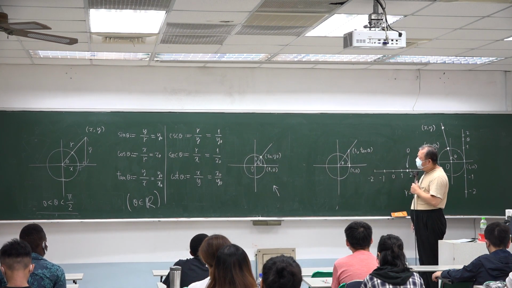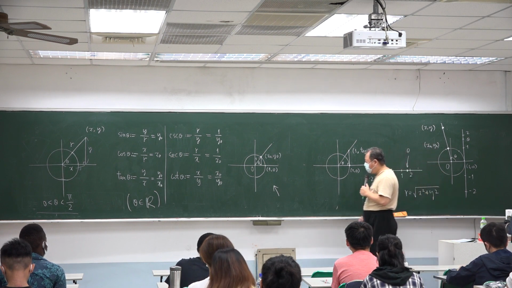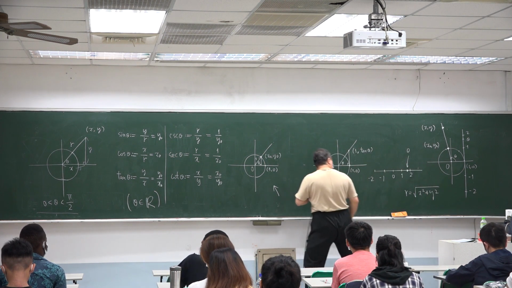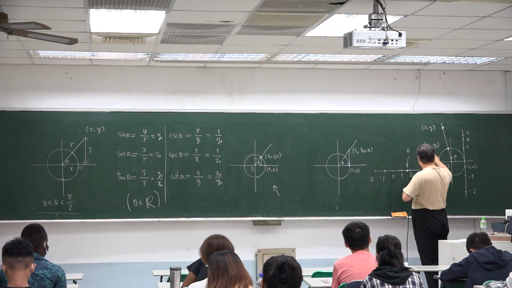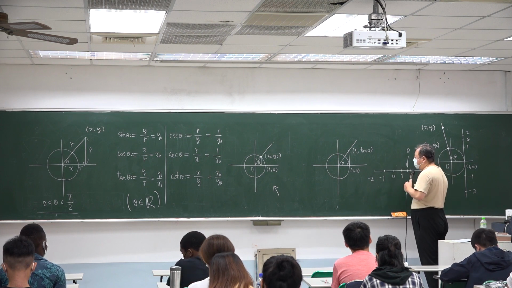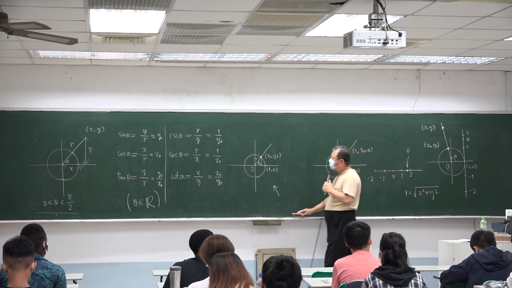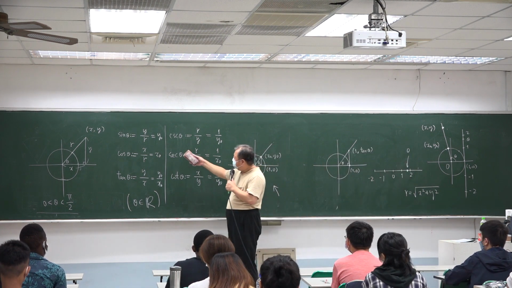Okay, so we already defined the 6 trigonometric functions. Functions means a relation from real line to real line. Okay. Please keep this in mind.